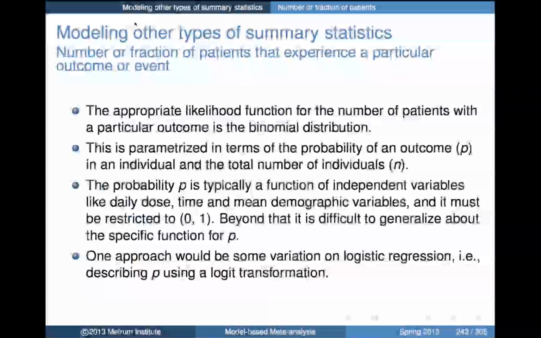Again, these would be essentially binary outcomes that reflect whether or not the patients achieve some degree of improvement, but those end up being binary outcomes summarized as number or fraction of patients.